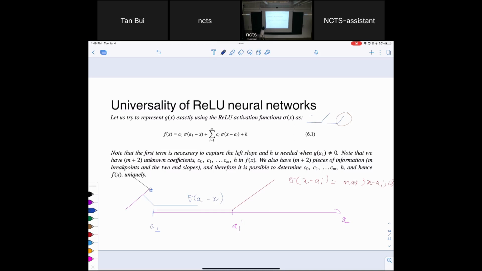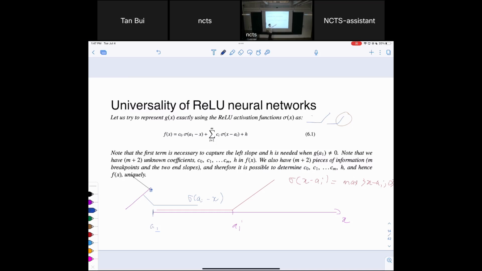Because if we look at this and evaluate at a1 without this, what is f of a1? All of these terms, sigma of a1 minus ai, what is it equal to for any i? For example, this one.